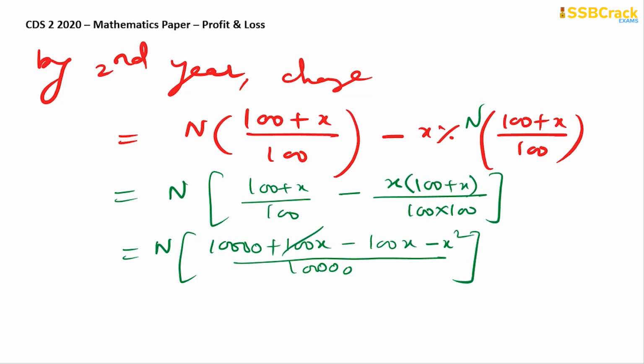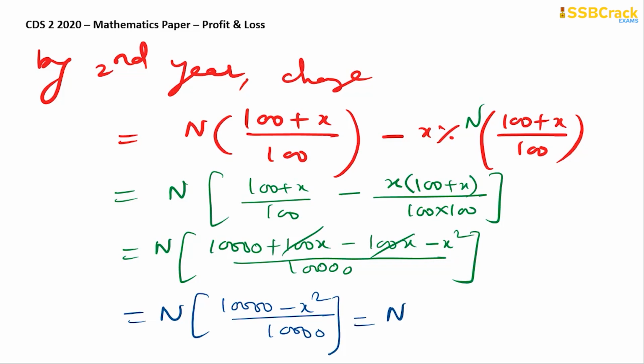So we could see the simplification now. This is equal to N times 10,000 minus x square upon 10,000, which can be written as N times 1 minus x square upon 10,000. So you could see that this quantity in the bracket is strictly less than 1 because it's 1 minus something, right?